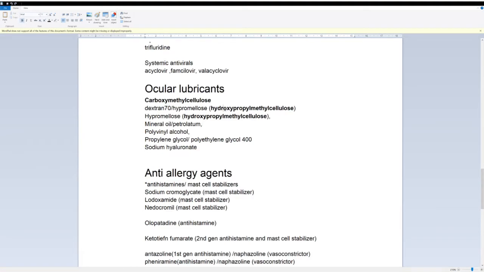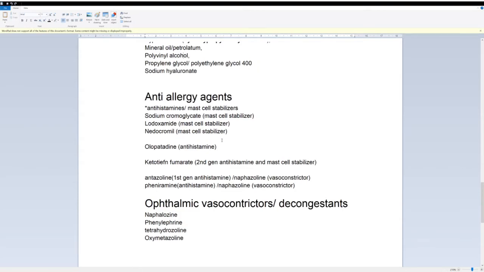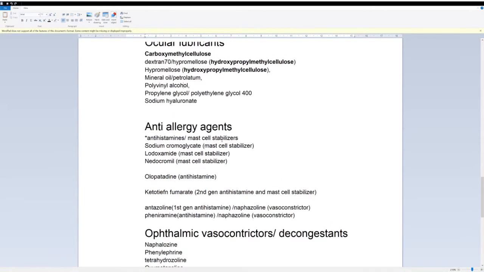Hydroxypropylmethylcellulose is another example, and mineral oil, petroleum, polyvinyl alcohol, polyethylene glycol 400, and sodium hyaluronate. They're all examples of lubricants that are safe for use for the eye.